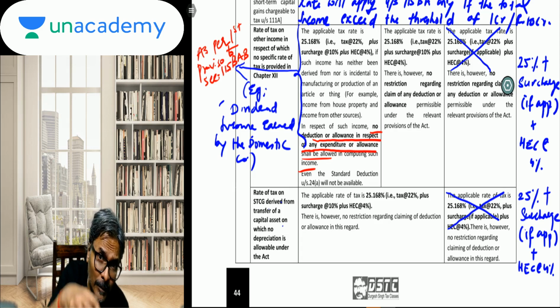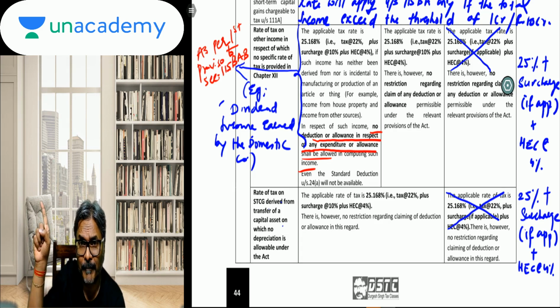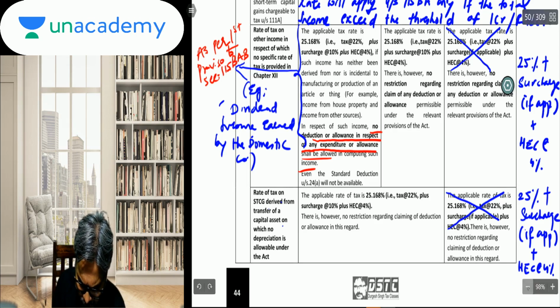If you are opting for 115BAB as a whole, then within 115BAB there is no choice you can give for one particular part of an income. That kind of choice is not available. So if the option has been made for 115BAB as a whole, then individually for any income you don't have such choices. This is one more point that you should keep in mind.